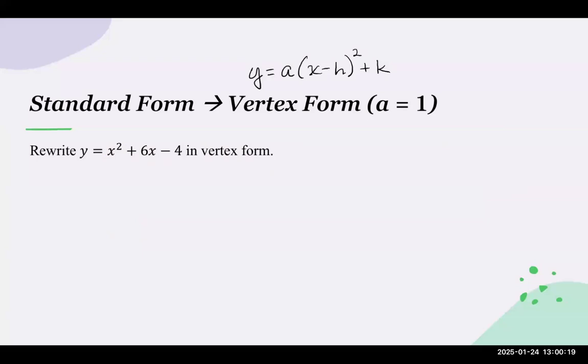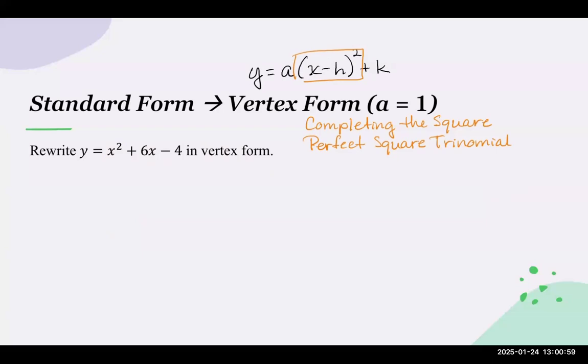Okay, and so we're going to use a method called completing the square to do this. And what that means is we're going to try to create a perfect square trinomial which we can then rewrite as this binomial square part of the function.